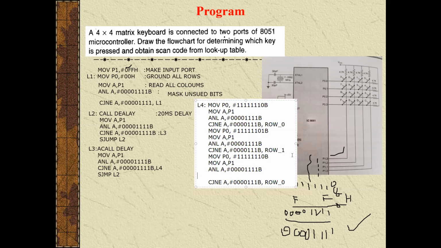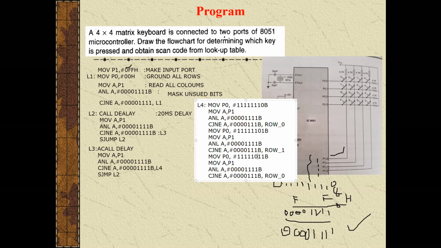So here we have seen row 1. Now this row, port 0.2, is high. By making this bit 0, all the pins of the port will become high except this row. Now we are scanning this row to see if any key is pressed or not.